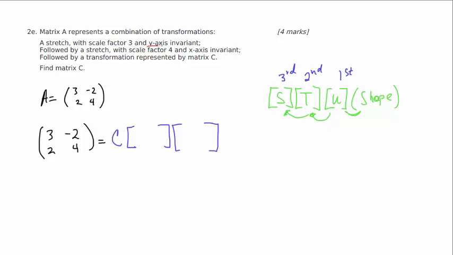What does that mean? It means on a coordinate graph that the Y-axis, being the invariant, invariant means the points on that line would not move. So if I have a point here on the invariant line, it doesn't move.